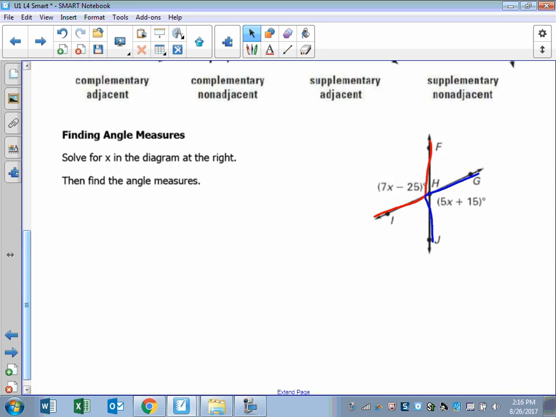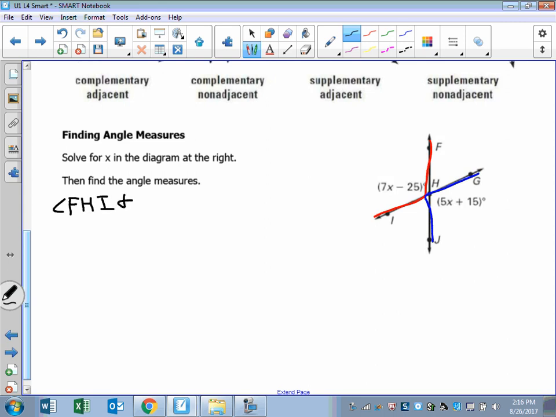They're across from each other, so let's say that angle FHI and angle GHJ are vertical. Vertical angles are congruent, so that means they're equal to each other.